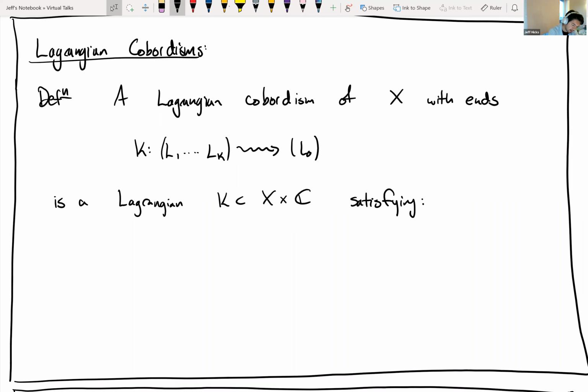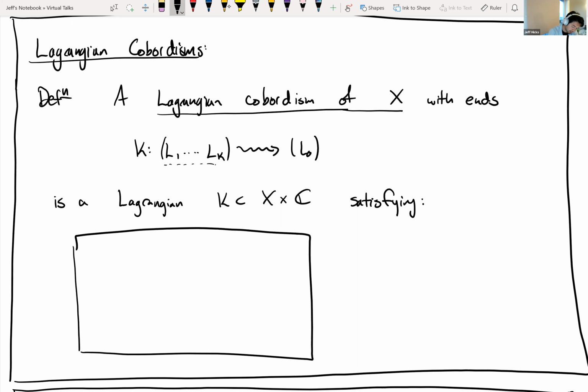So let me give you a precise definition of how we build them and a statement on the inductive argument that we use. The tool that we use to build these Lagrangians is called Lagrangian cobordisms. A Lagrangian cobordism in X is a Lagrangian in one dimension higher, X cross C, which has ends that limit to a specified set of Lagrangians. What do I mean by this?